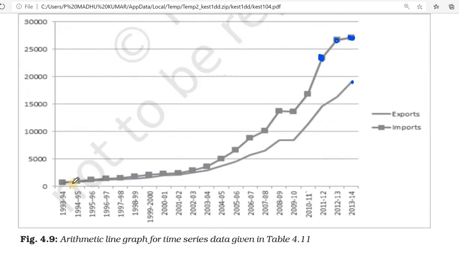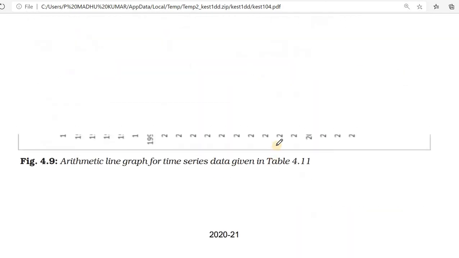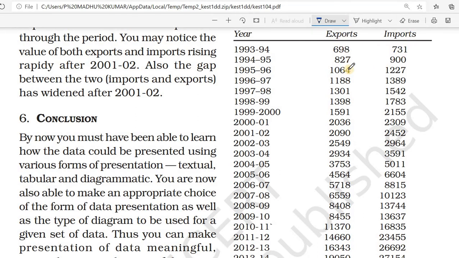First we need to plot these points, after that import, okay. After that we need to join these points, then we will get the import line, okay. Then already we drew this export, then after that next one import, okay. Then here you can see two line graphs, because in this table also two values are there.